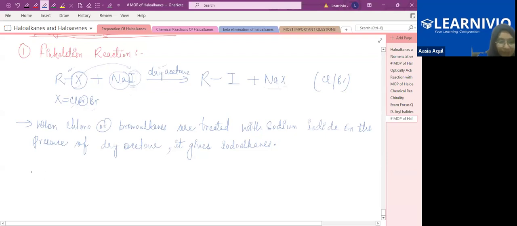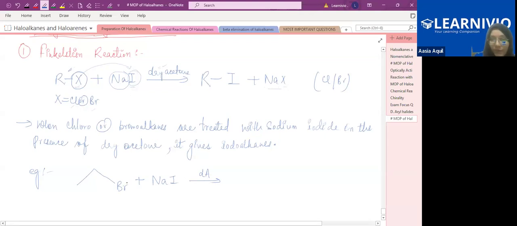Suppose, for example, in the reaction they just give you CH3CH2Br, and the reagent is sodium iodide in the presence of dry acetone. So this is a Finkelstein reaction.